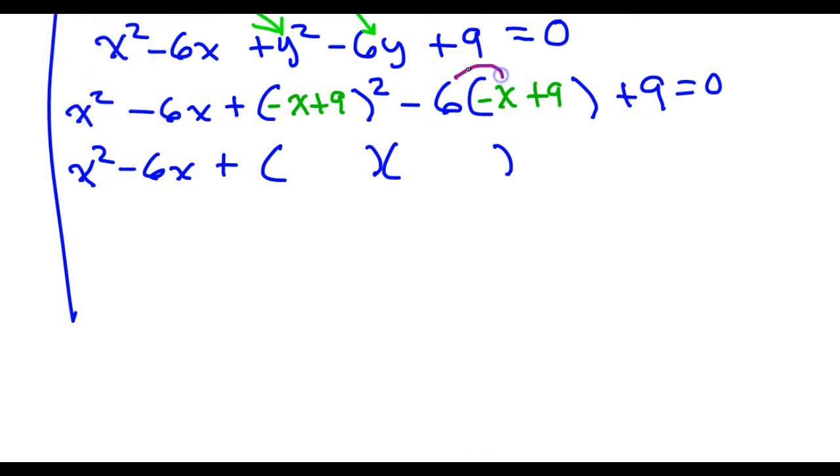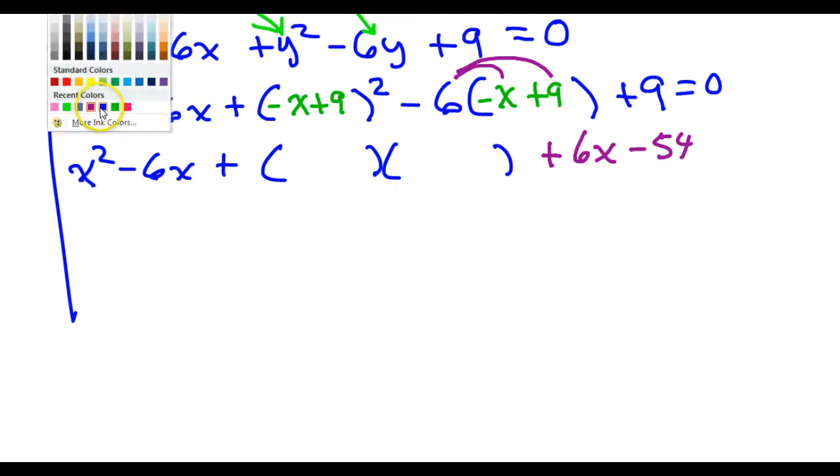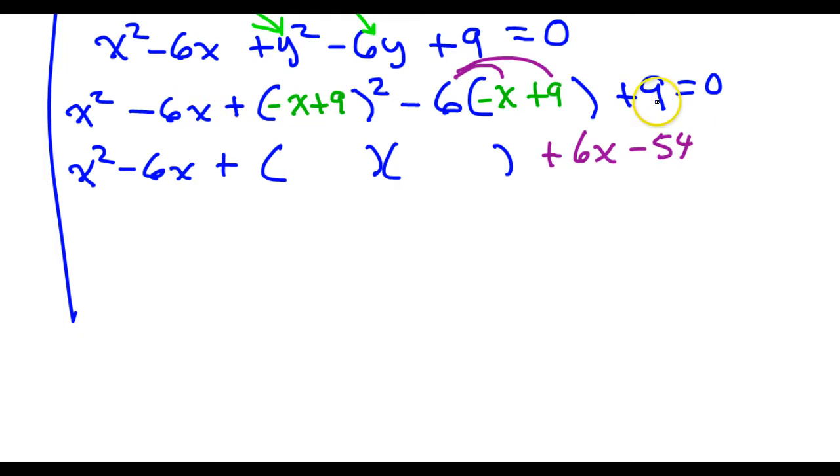If I take my negative 6 and distribute, that's going to give me positive 6x, because the negative times the negative is a positive, and negative 54, because negative 6 times 9 is negative 54. And then I've still got the plus 9 from right there, equals 0.